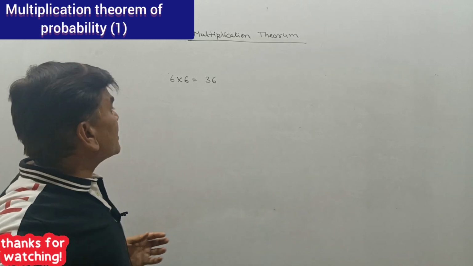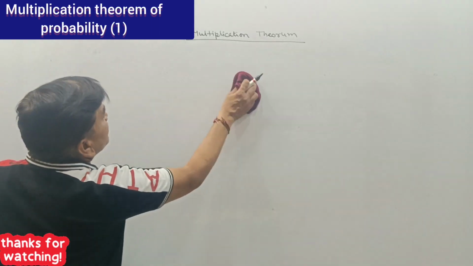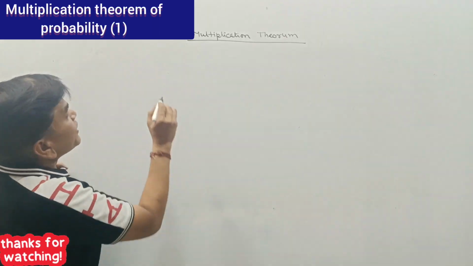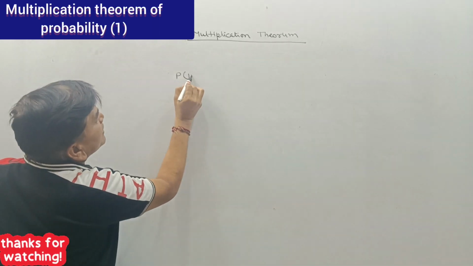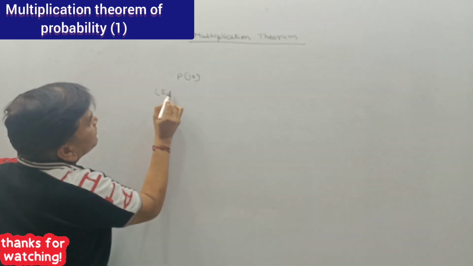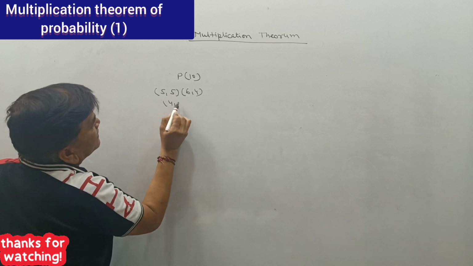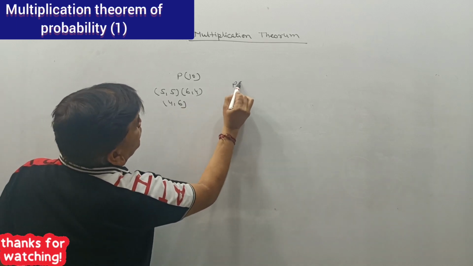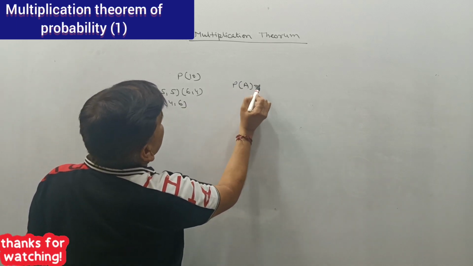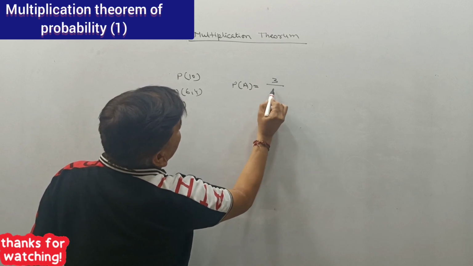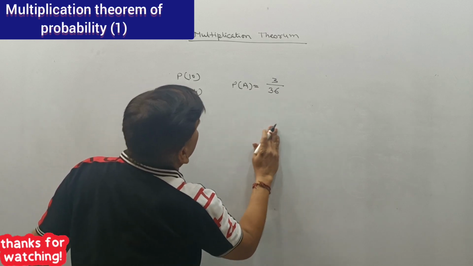For getting an addition of 10 in the first throw, addition of 10 is possible with 5 5, 6 4 and 4 6. So 3 is the favorable number of events, and the total number of events is 36.